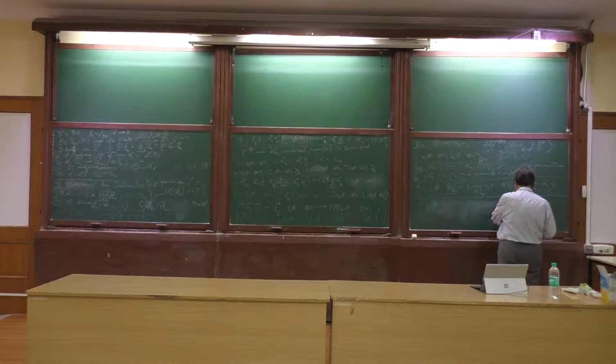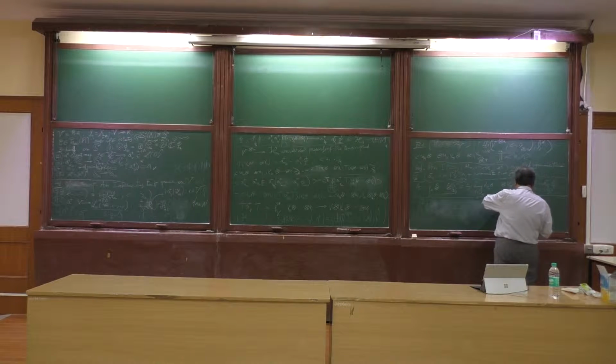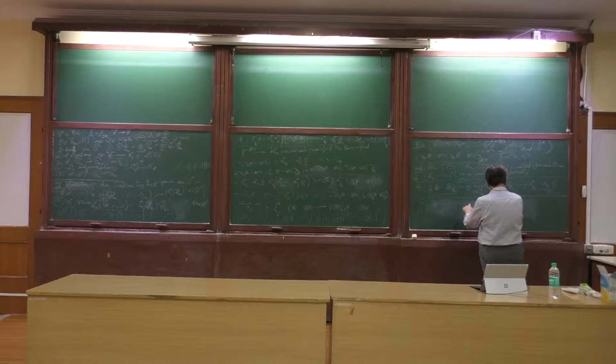Let me check this. If I put n minus j, when j is n it is 0, so it means nothing. And when h is 0, this is u power n, and the first is v.